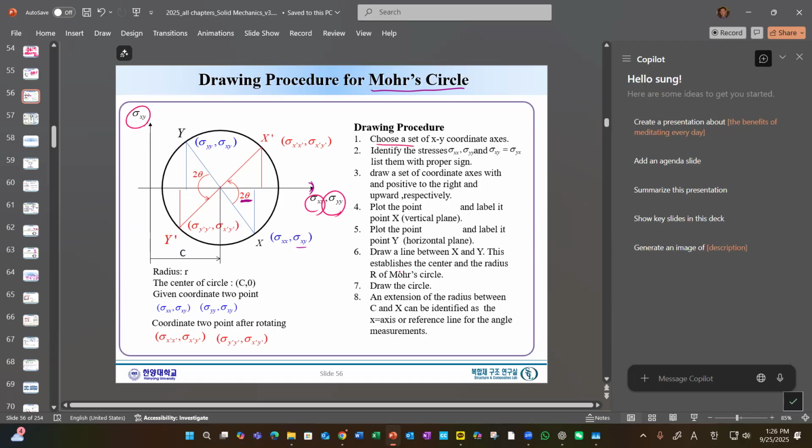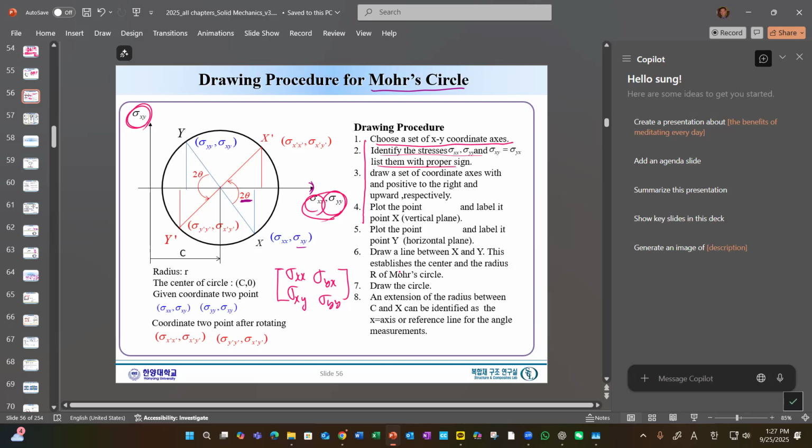So choose a set of XY coordinate axes, draw a sort of a coordinate system, and then plot the point, and label them X and Y. So up to here, what it says is that, let's say we start with a sigma XX and sigma XY, or YX, it doesn't matter, sigma YX and sigma YY. So once we have this plane, we like to draw the Mohr circle.